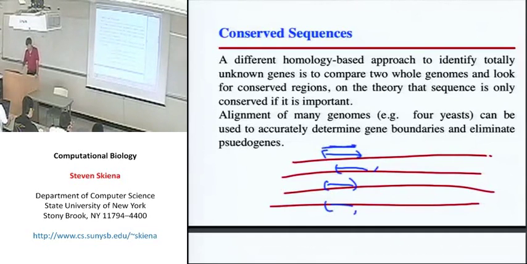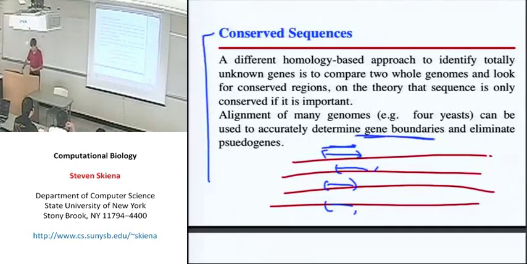And so the most accurate laboratory way to identify accurate gene boundaries and eliminate these dead genes is to look at several closely related species, look for very similar things, and do the right reasoning on them about what the differences are. Does that make sense? Okay. Any questions about that? Yes?